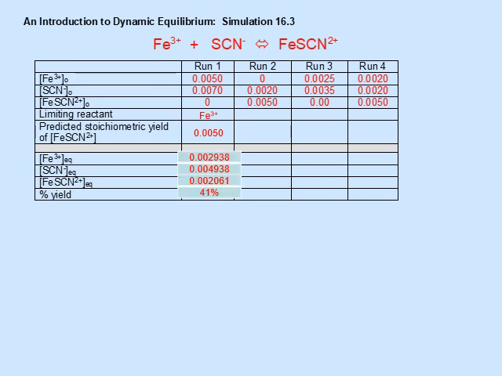However, we see that at equilibrium, we have the following amounts of reactants and products present. If we were to calculate the percent yield of the reaction by comparing the equilibrium concentration of the product FeSCN2+ with the stoichiometrically predicted amount, we see that we get a percent yield of 41%.